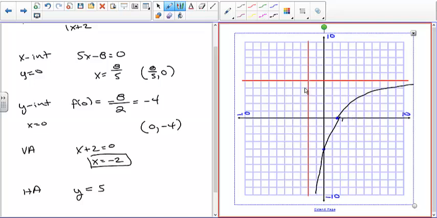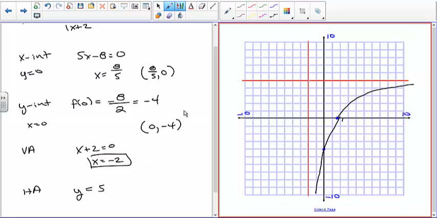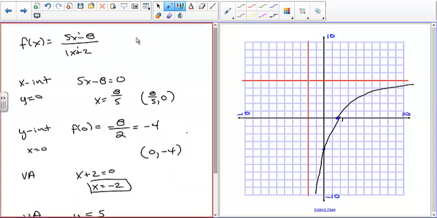So it looks like I need a number over here. Since we have a single root in the denominator, it's going to come back this direction. So let's pick x equals -4. So I might say plot x equals, evaluate the function at -4.